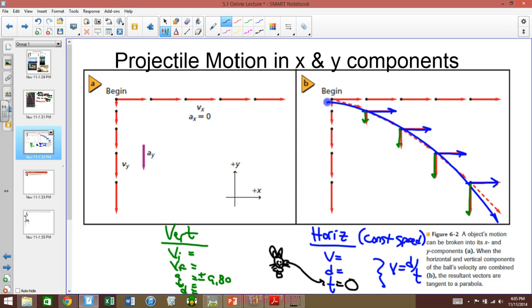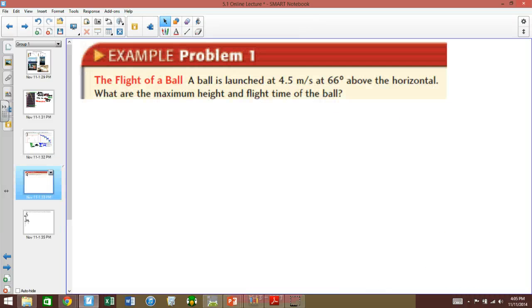Whatever this time is going to be the same. The time it takes to go horizontally and the time it takes to go vertically, that's what links these problems. And I'll show you kind of what I mean by this next problem here. I'll take you through exactly what I do, the steps I use to solve a problem like this.